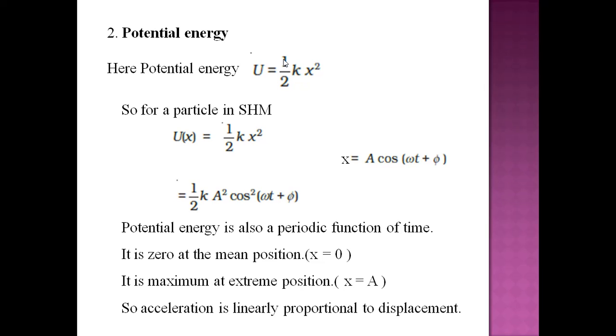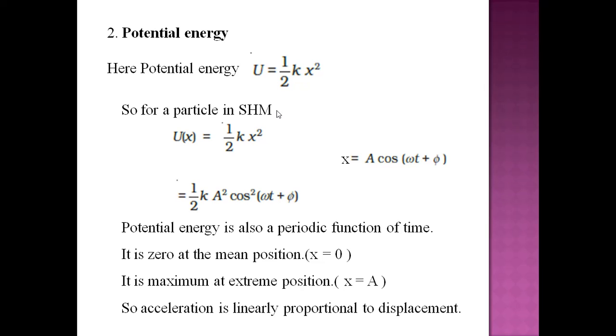Potential energy is also a periodic function of time because omega t comes in the expression. Potential energy is 0 at the center, represented by x equal to 0, and is maximum at the extreme position when x equal to plus or minus a. Exactly opposite to the kinetic energy.